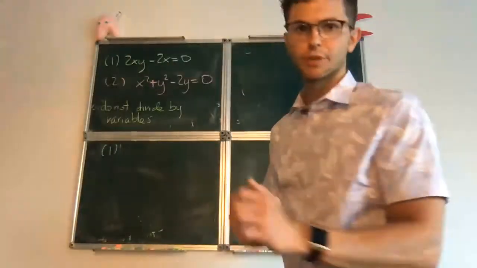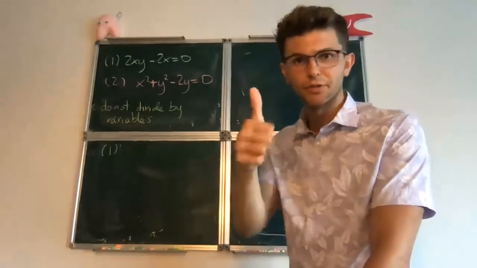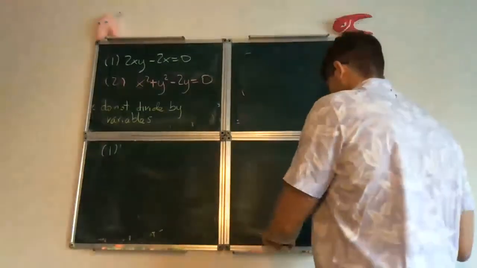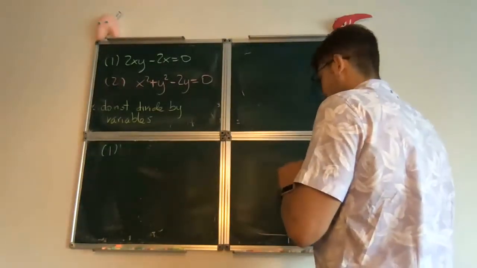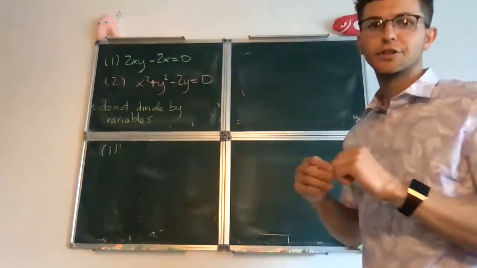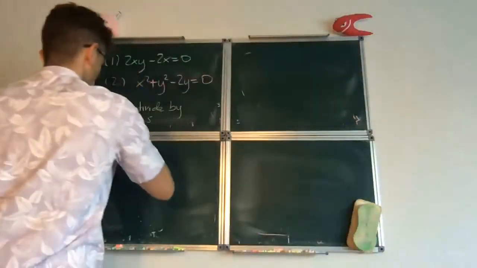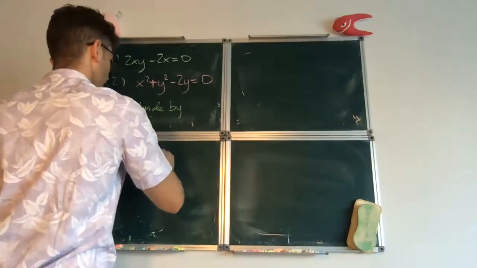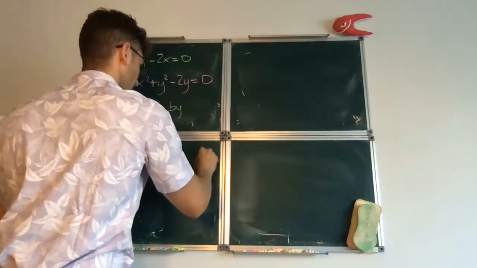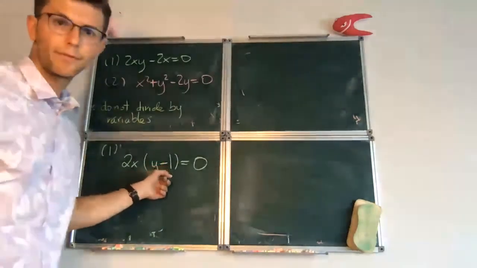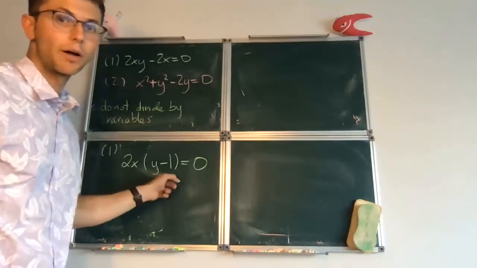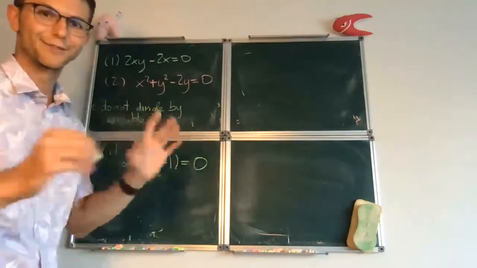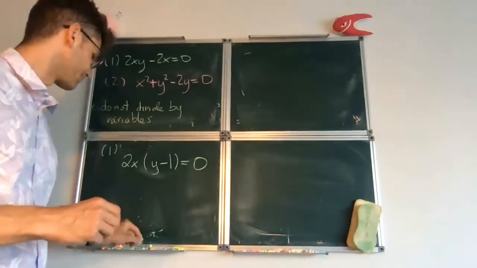Once you keep that in mind, then you're good to go. In order to figure out what happens with the first equation, you just factorize 2x, and so you get y minus 1 equals 0. So the typo I made before was that I wrote y minus 2, and that screws up the entire problem.